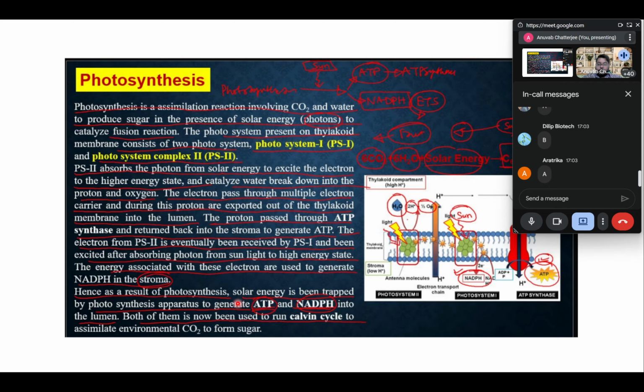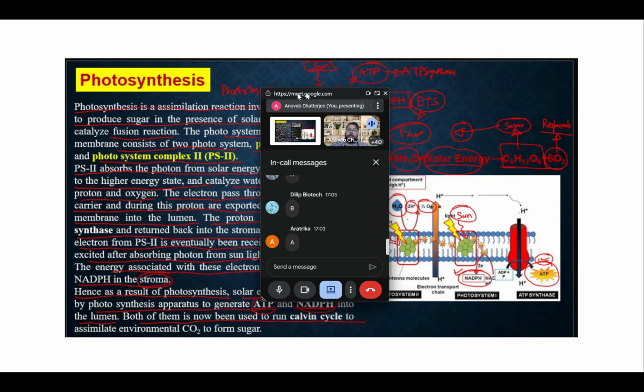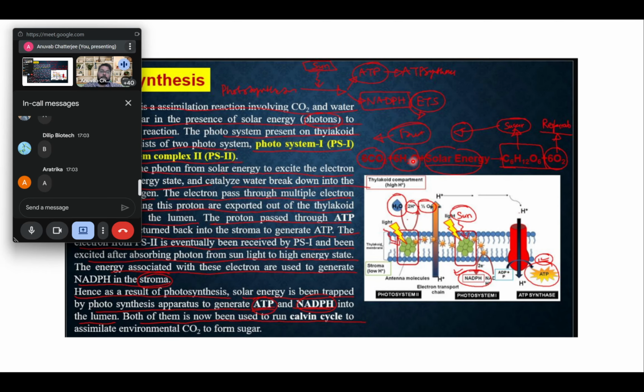And the ATP and the NADPH, so obviously if you have ever learned about photosynthesis, you know that the general photosynthetic reaction that we write is 6CO2 plus 6H2O plus solar energy, and then that makes glucose plus oxygen. But photosystem 1 and 2 together make only ATP and NADPH.